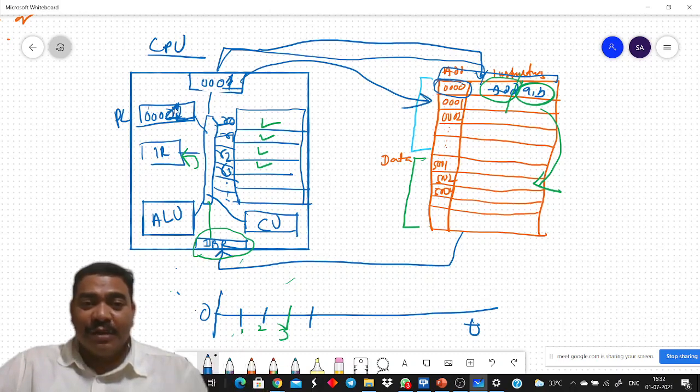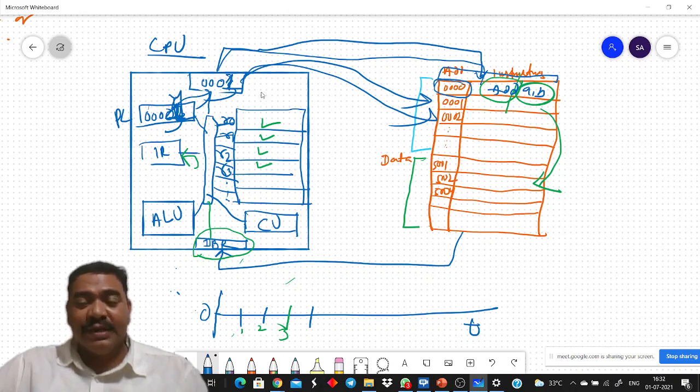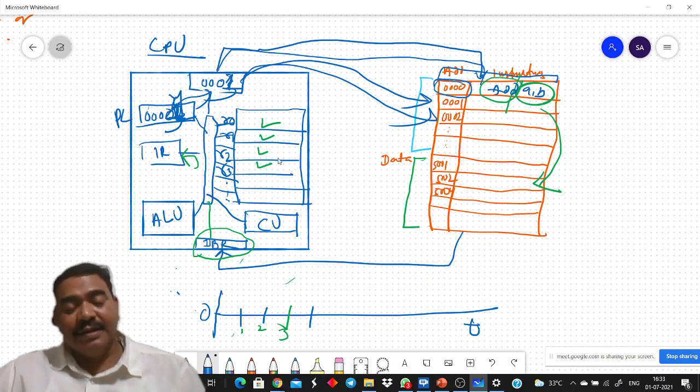In the next clock pulse, similarly, it will become 3 and the third instruction will be executed. In the next clock pulse, this 3 will be placed here and it will become 4. In this way, all the instructions will be fetched and executed one after another.